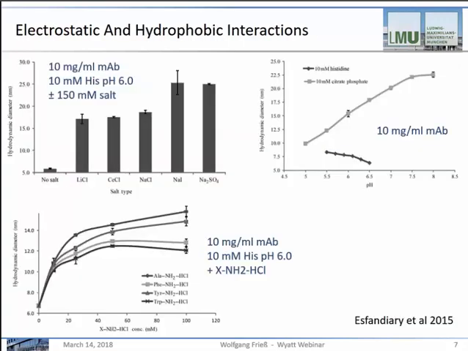Now, how do we see these interactions? A non-pairwise interaction can be nicely studied by dynamic light scattering. In this study by MedImmune using DLS and static light scattering, the antibody at 10 mg per ml in a 10 millimolar histidine buffer, upon addition of salt, substantially increases in hydrodynamic diameter, which is not really correct.